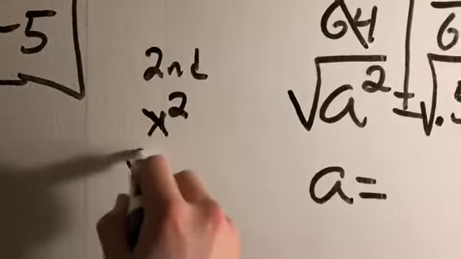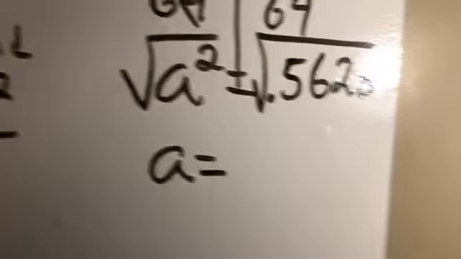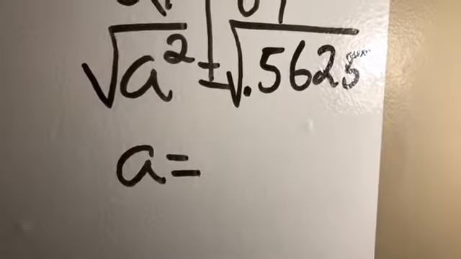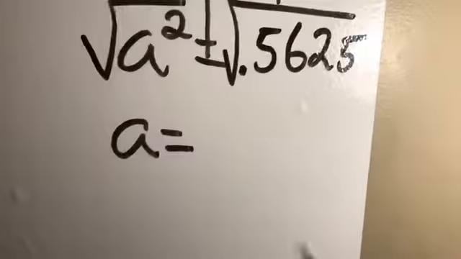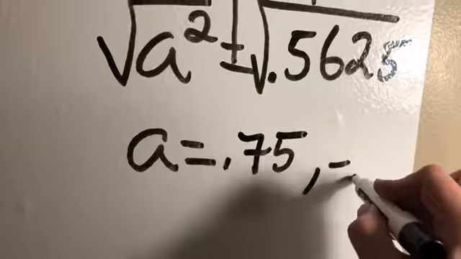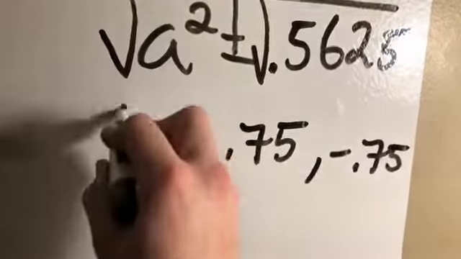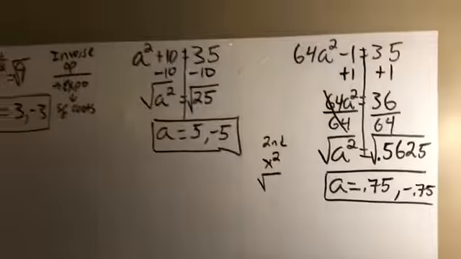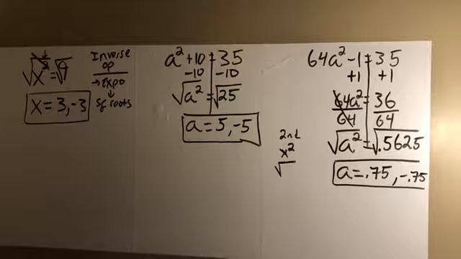And in your calculator, you should see the square root button pop up. And when we make that happen, when you do the square root of 0.5625, we get 0.75, and we have to know we also get negative 0.75, even though your calculator won't write that. We always will get that positive and negative answer when we solve with square roots.